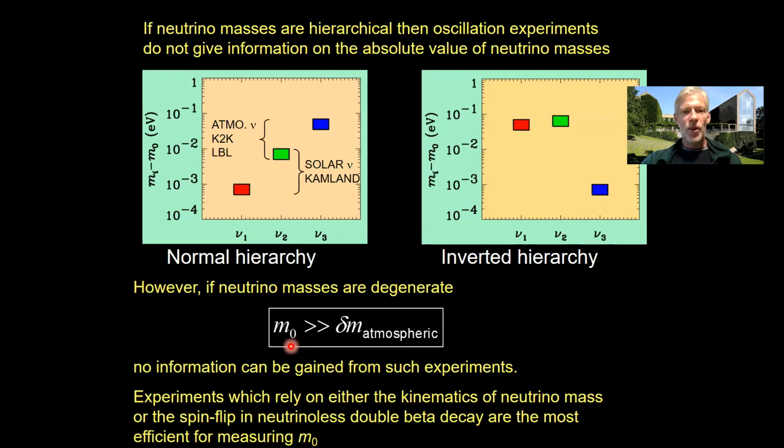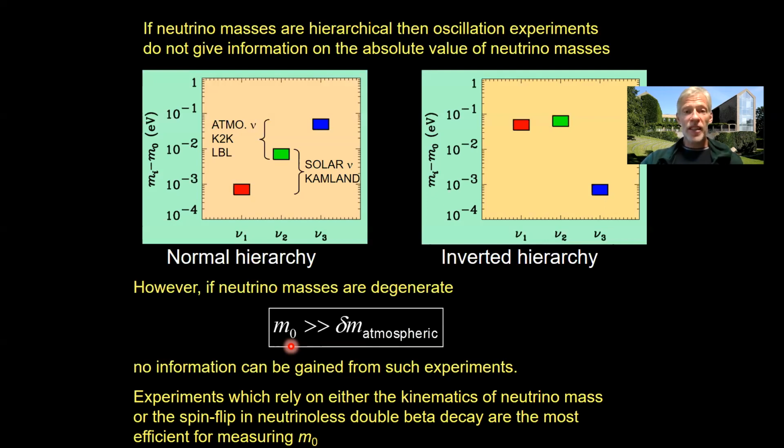And historically, the most important tool in that regard has been nuclear beta decay, because the neutrino mass enters, and if you look at the Curie plot of the electron distribution, you can actually tell whether the neutrino is massless or not, because you change the shape of that plot. We'll see that in a minute.